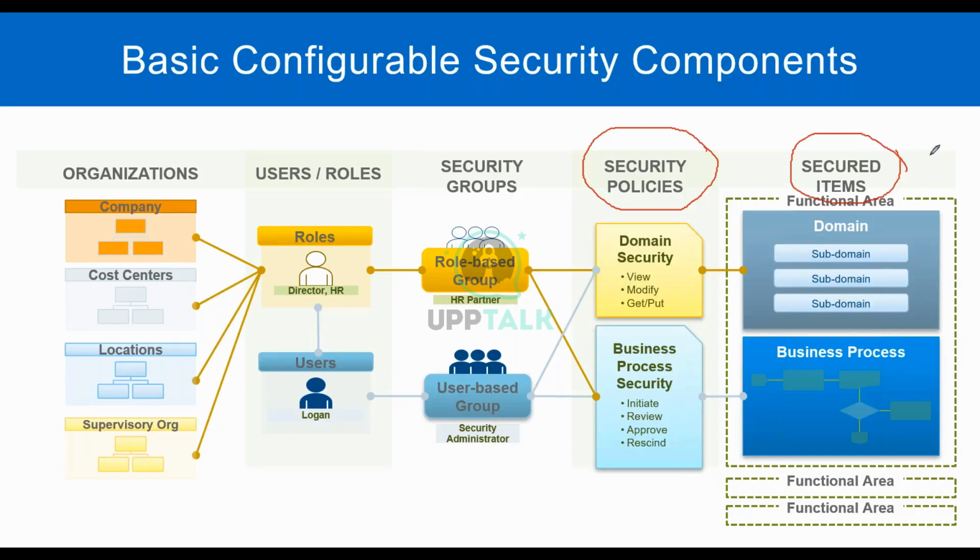They are in different parts of the city, but the traffic rule applies in exactly the same manner to each and every school. Similarly, the supervisory organization is a secured item. All the supervisory organizations are grouped together, and we call that a domain and a subdomain. For those domains we have some permissions.